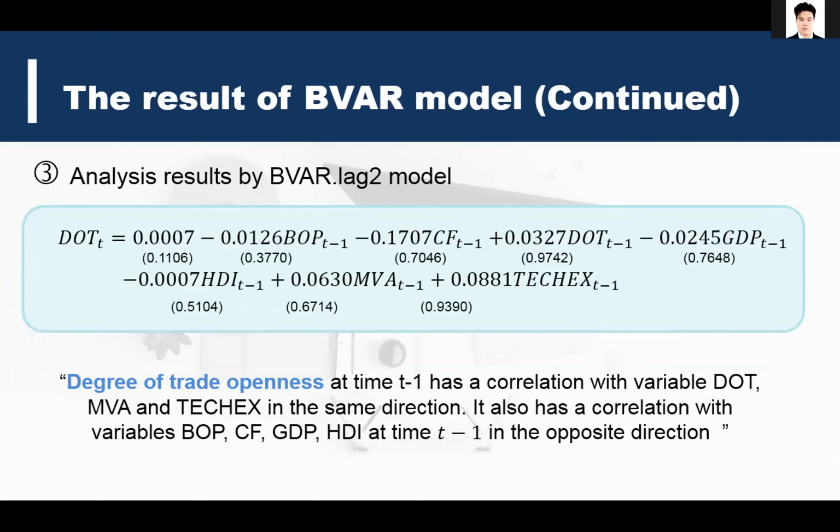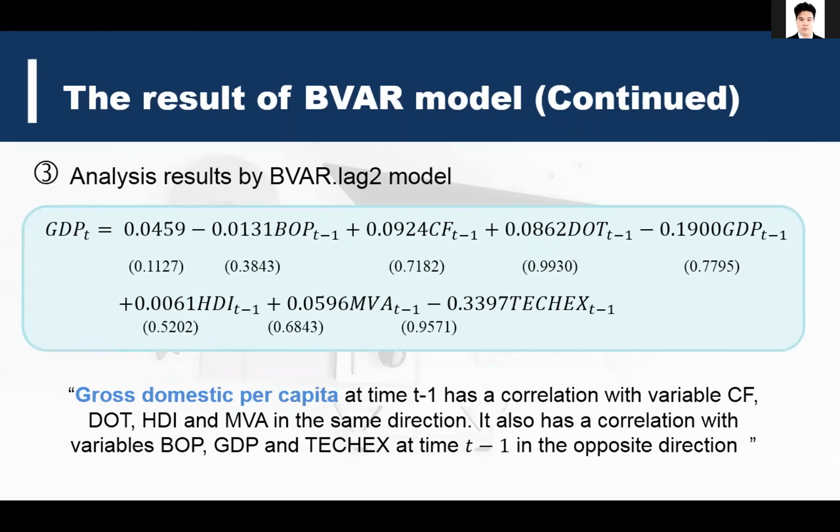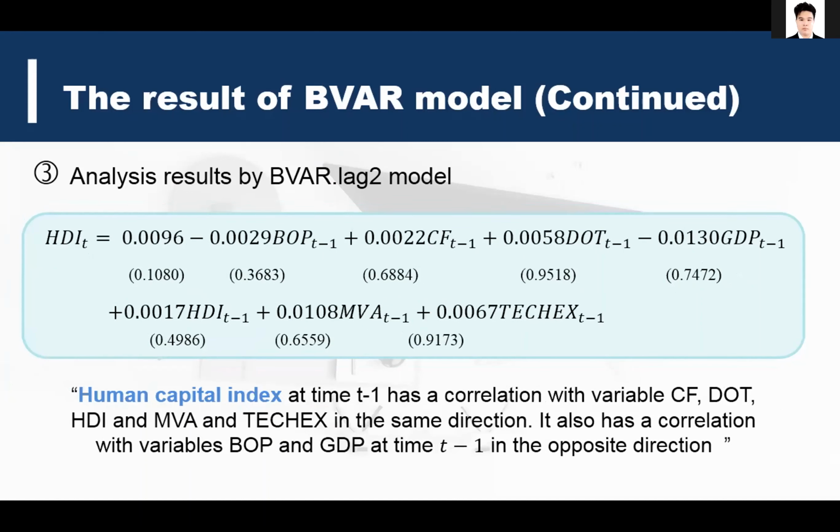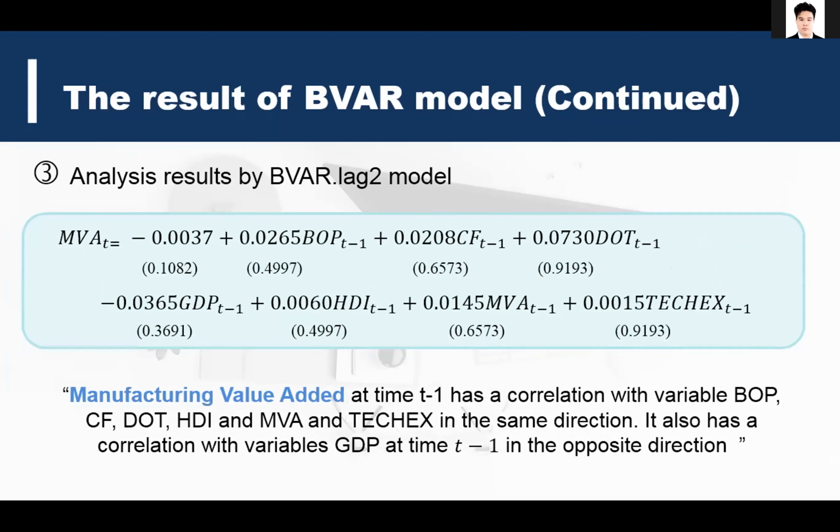GDP, gross domestic product, has a positive relationship with degree of trade openness, human development index and manufacturing value added. HDI also has a positive impact on degree of trade, human development index, manufacturing value added and high technology export.